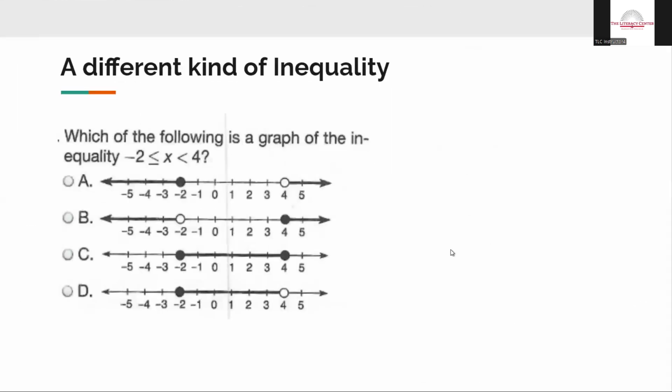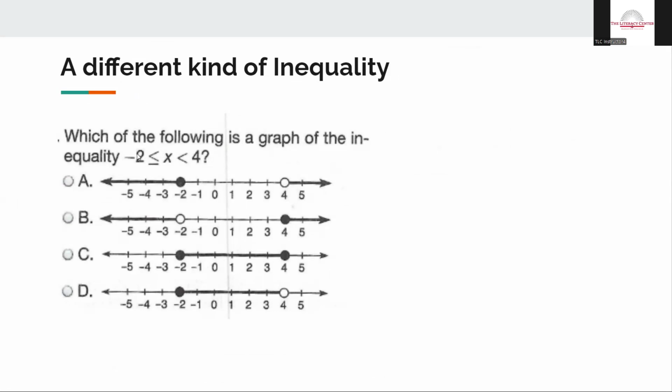Which of the following is a graph of this inequality? You may or may not have seen this kind of inequality where x is in between 2 different numbers. What that means is that we are talking about a graph where we are between 2 numbers.